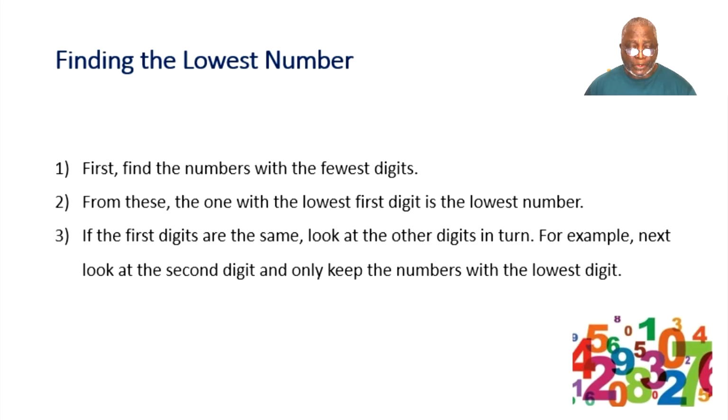Sometimes you have numbers in the set with two of the same digits. For example, 2 can start with 4. So if that is the case, then you move on to the next digit after that. So if the first digits are the same, look at the other digits in turn. For example, next, look at the second digit and only keep the numbers with the lowest digit.